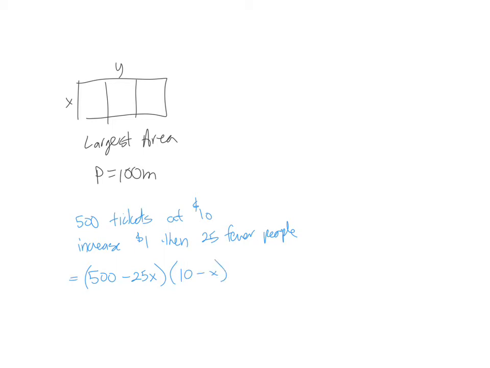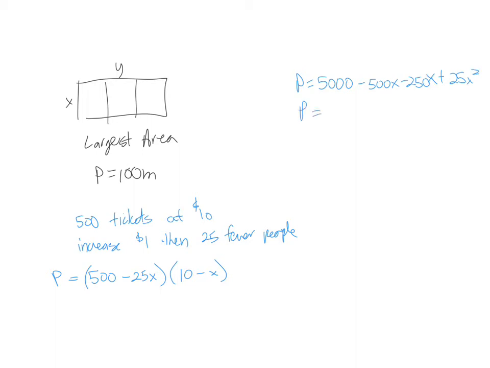So that should give us our profit. In order to calculate the maximum profit, we need to be able to do the derivative of that equation. So let's FOIL it out.